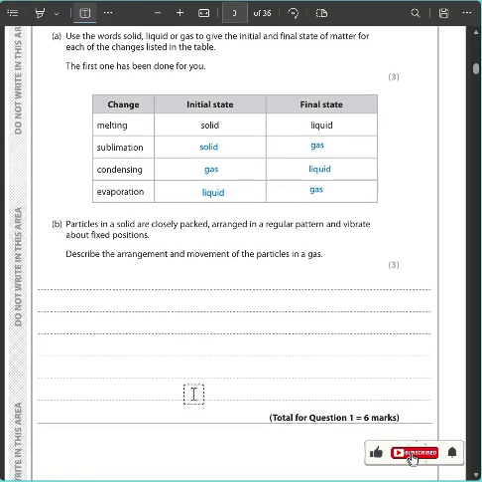Okay, the B part. Particles in a solid are closely packed, arranged in a regular pattern and vibrate about fixed positions. Describe the arrangement and the movement of the particles in a gas.